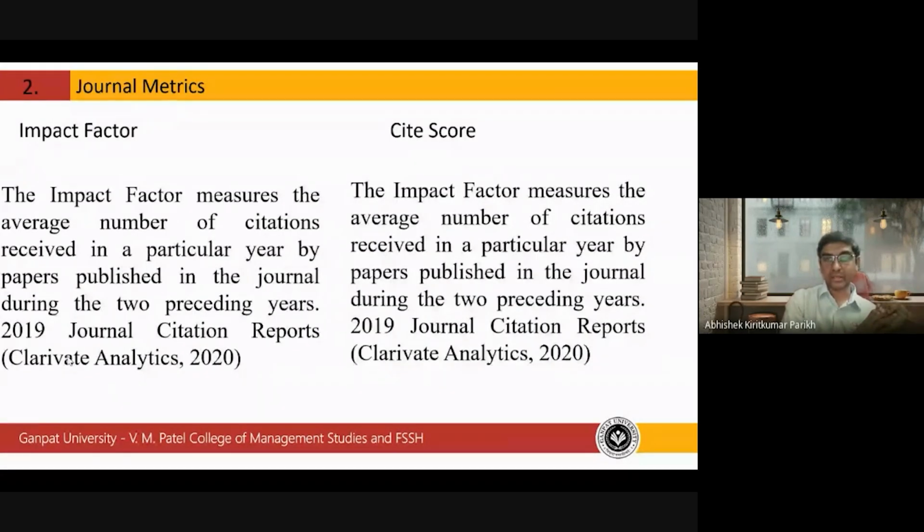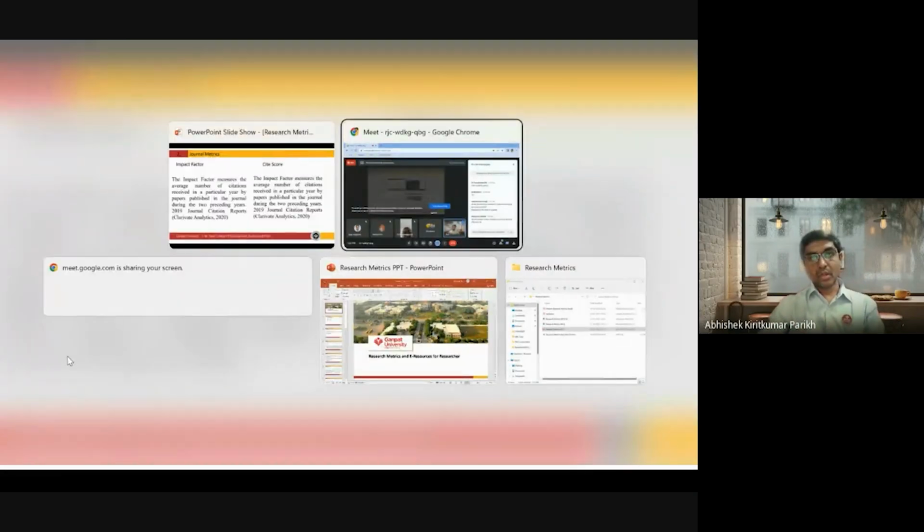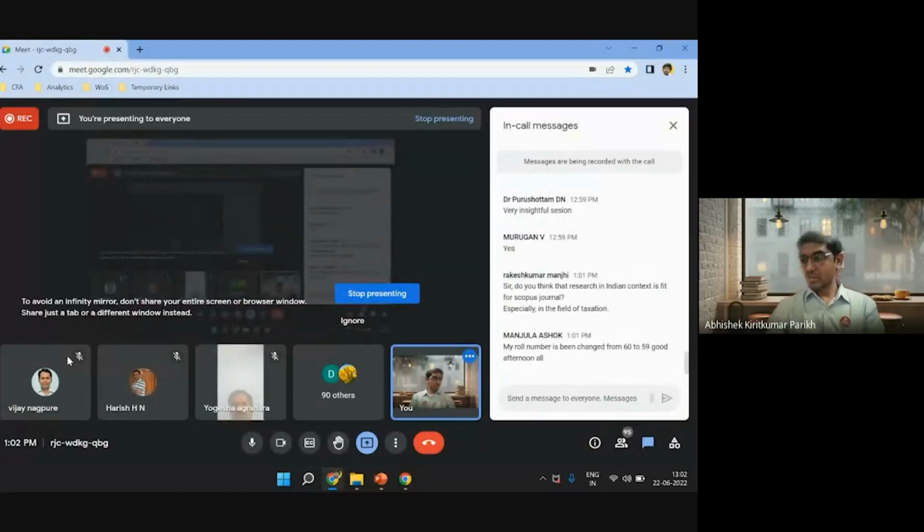While when we talk about CiteScore, it is a particular year's paper publication, but instead of 2 years, it is 3 years, right? So there is a very little difference between the impact factor and CiteScore, right? I will show you how you can check the CiteScore.